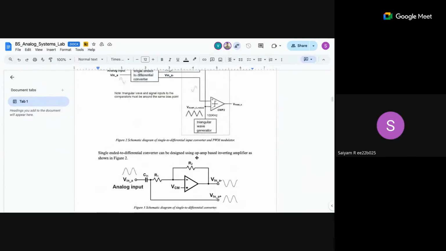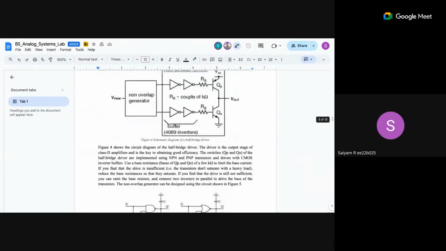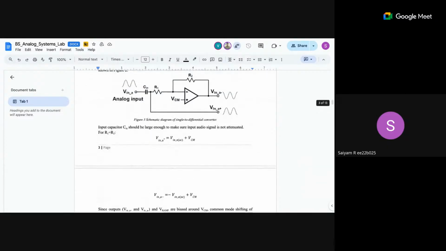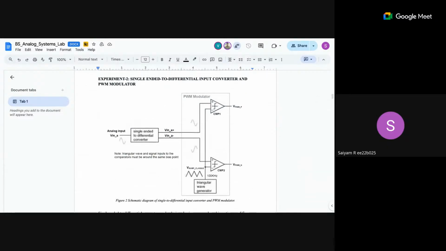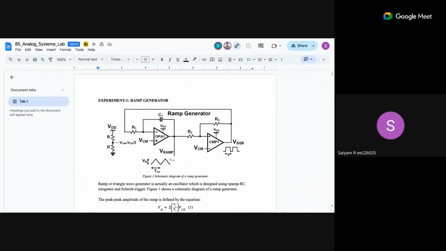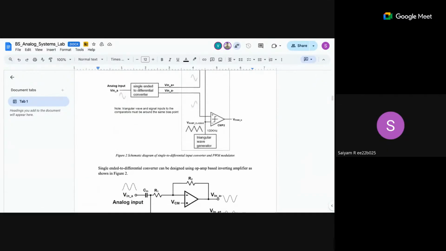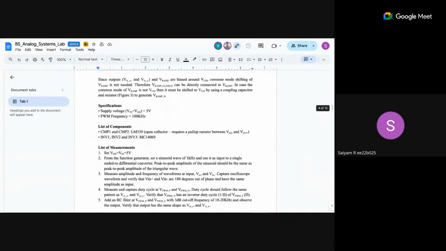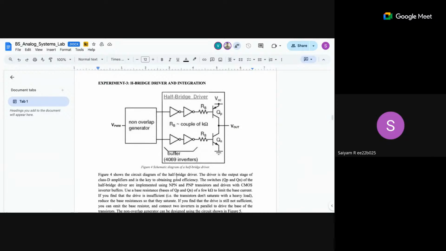Before going to this, basically you want to ultimately drive your speaker. For that you are using this half bridge driver.